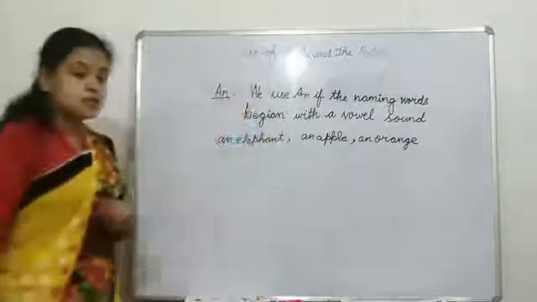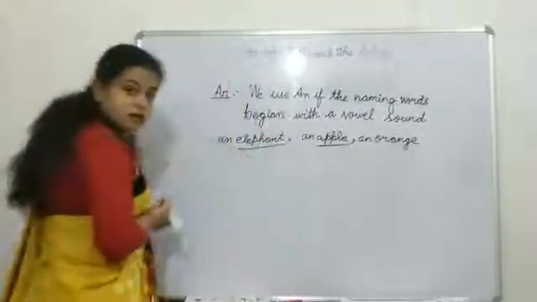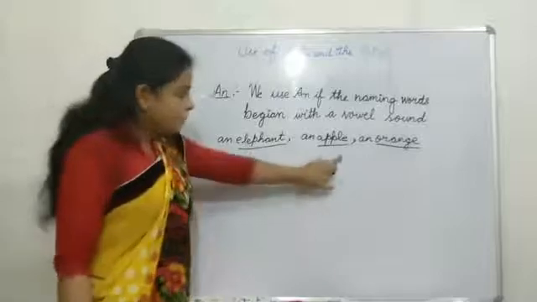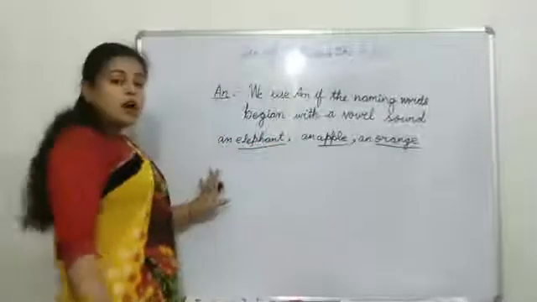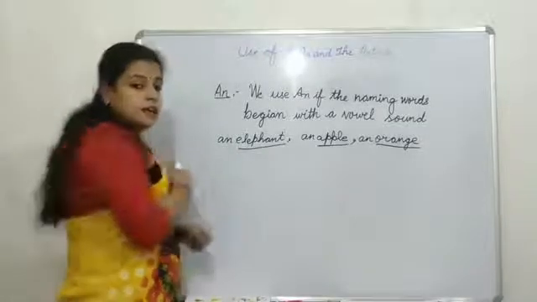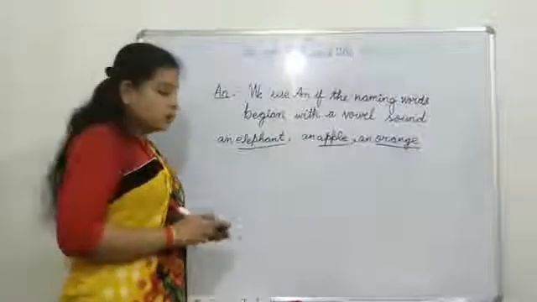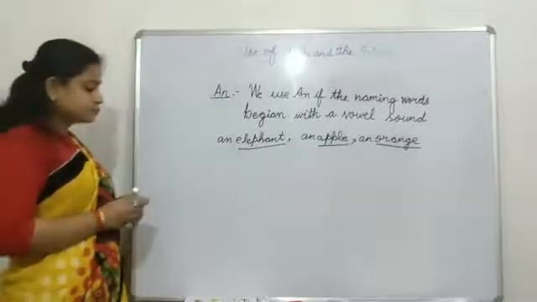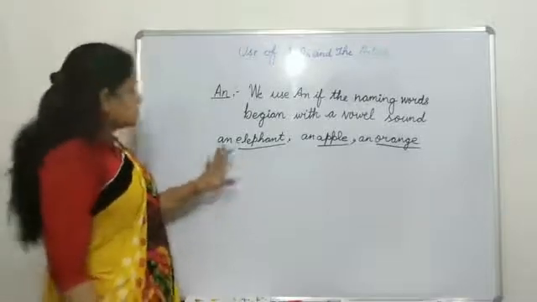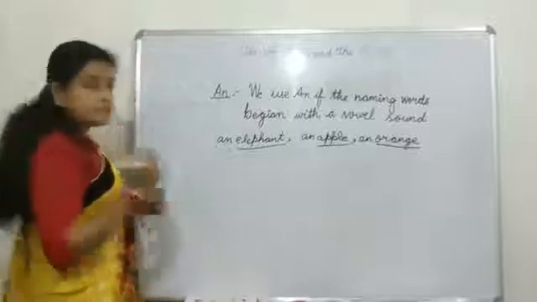Dear children, the words elephant, apple and orange are also names of things and animals, and they all are in singular number. But all these begin with a vowel sound.